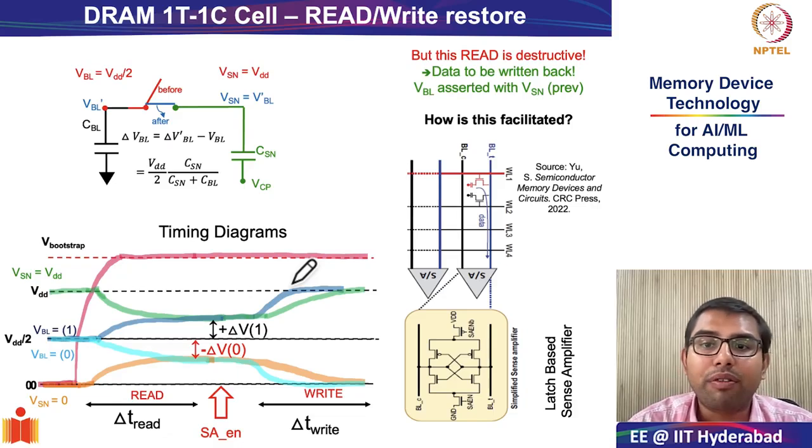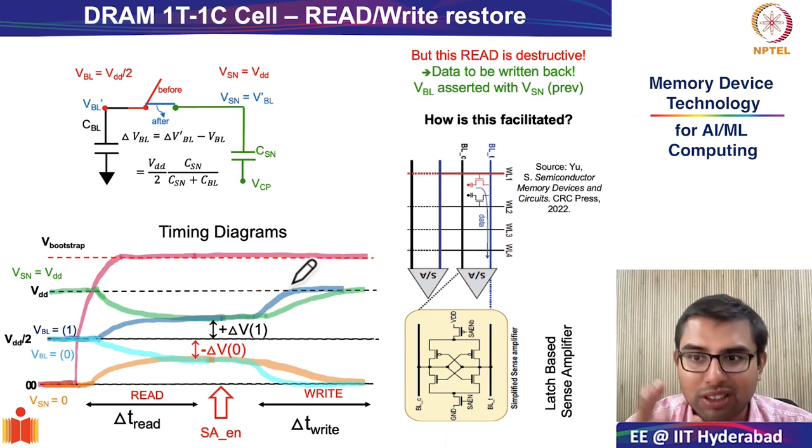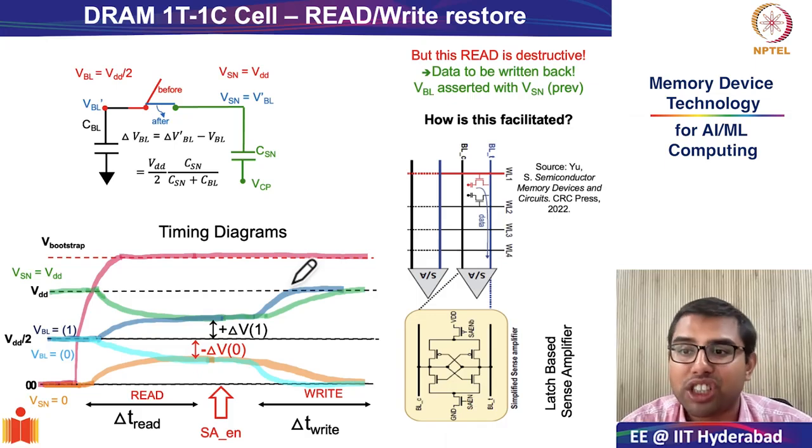Till now, we have done a deep dive and a detailed study on the fundamentals of the DRAM cell structure, both what it looks like in a textbook, just a 1T, 1C, and also what it looks like in a fabricated chip.